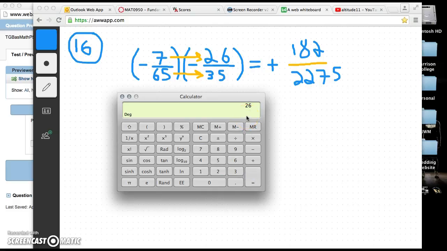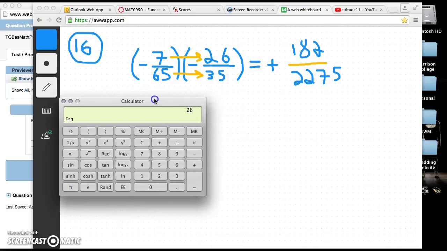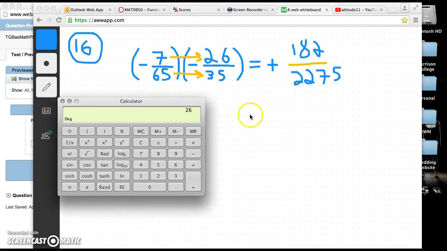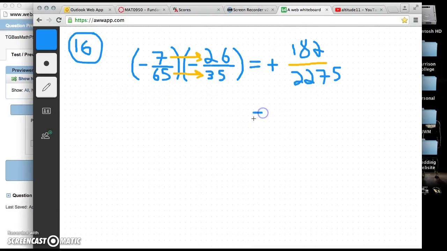That's going to be our first simplification that we can do. So we're going to rewrite our fraction here. Remember, what we saw is that 7 is a factor of both our numerator and our denominator. So what that means is that some number times 7 is going to give us our numerator, and some number times 7 gets us our denominator.